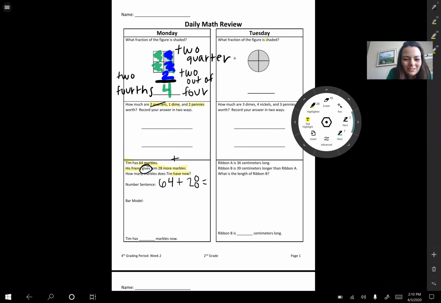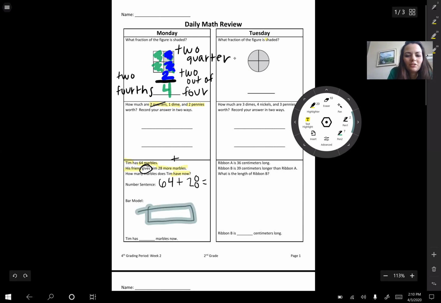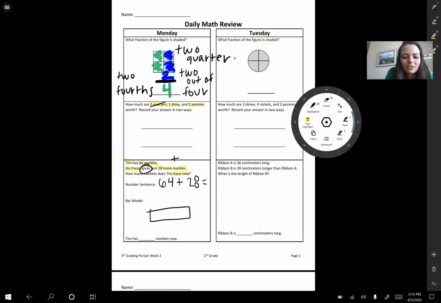All right, so first let's draw our nice big box. That was not a great box. Let's try it again. All right, so if we're adding, remember we have to label our bar model. We have a part and another part. And if we're adding, we're always going to be looking for the whole. So that's our question mark.